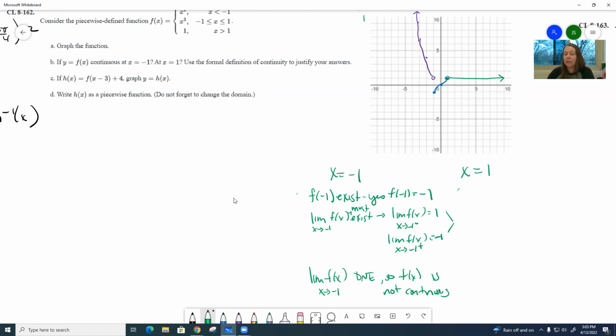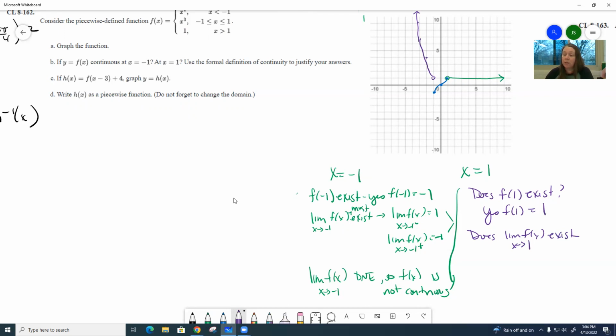Okay, so now when we look at x equals 1, first of all, we ask ourselves, does f of 1 exist? Yep. At 1, the y value was this blue point, it was 1. Yes, right? F of 1 equals 1. And then we ask ourselves, does the limit of f of x as x approaches 1 exist?